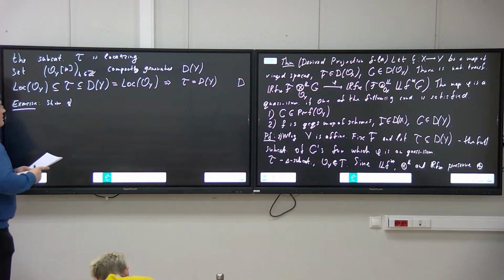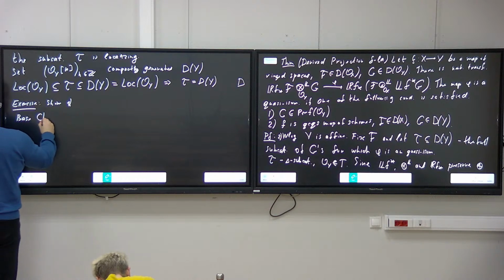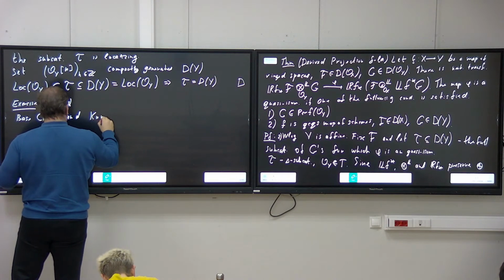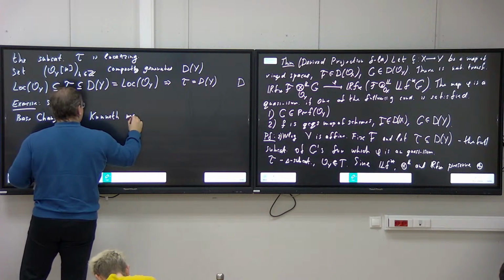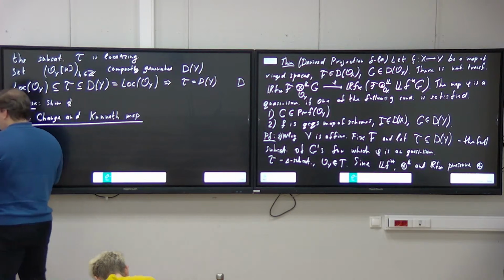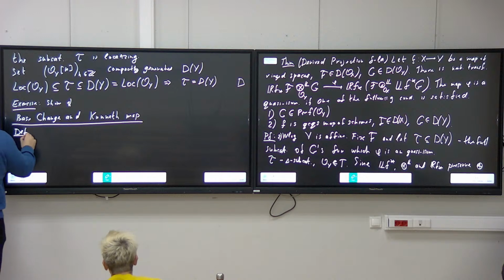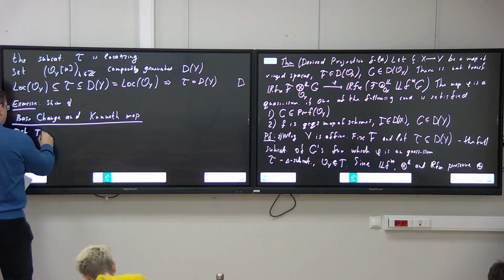And finally, the last topic in this whole chapter, I'm going to call this base change. Base change and unit map. Okay, so I start with the definition of two Tor-independent morphisms.